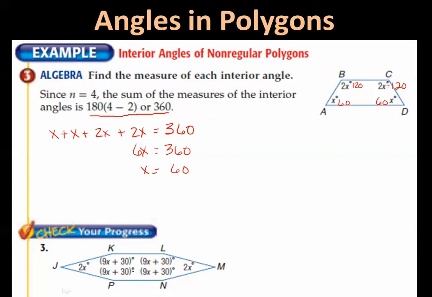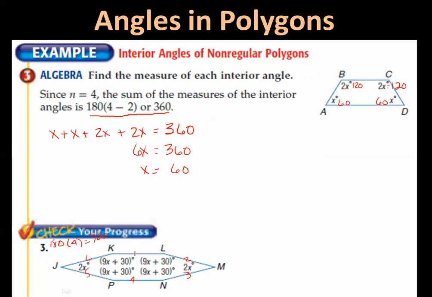This check your progress down here is going to work the same way. But if you'll notice, this is a hexagon. So you're going to have 180, and then 6 minus 2 will give me 4. So those interior angles are going to add up to 720.